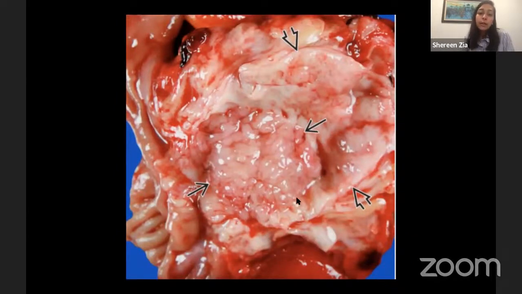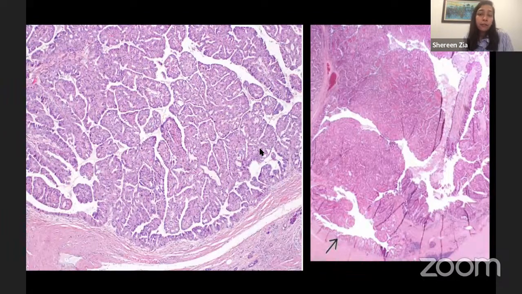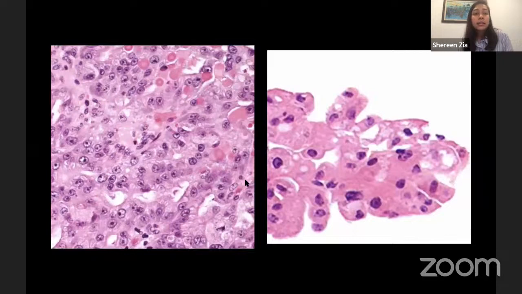So this is a gross image of IOPN, and these are the papillary lesions arising in the pancreatic duct. And as we were talking about previously, there is fibrotic stroma and complex arborizing papillae. The cells have more granular cytoplasm, as appreciated over here. Nuclei are still pretty round and maintain smooth nuclear contours.